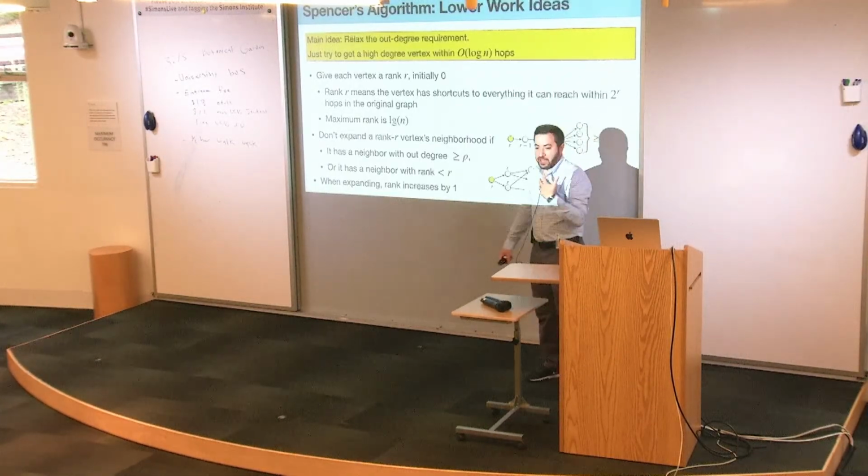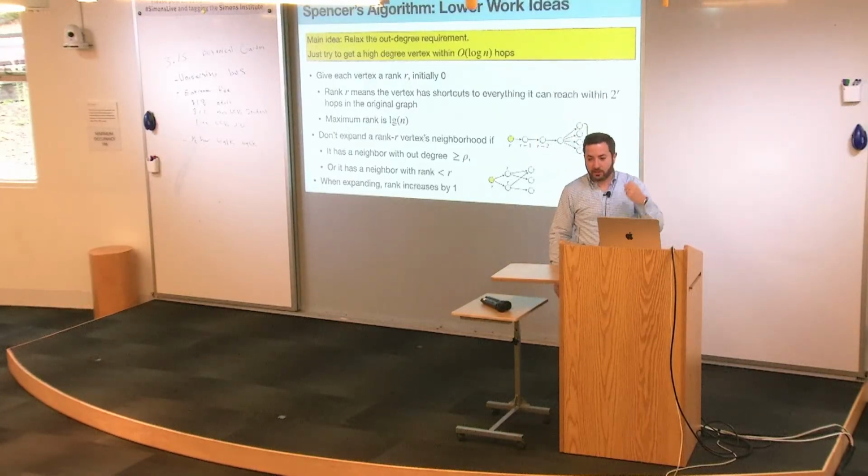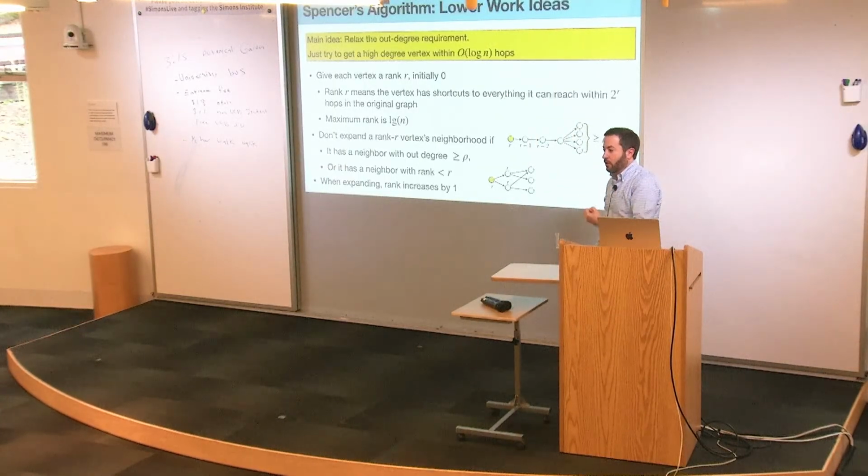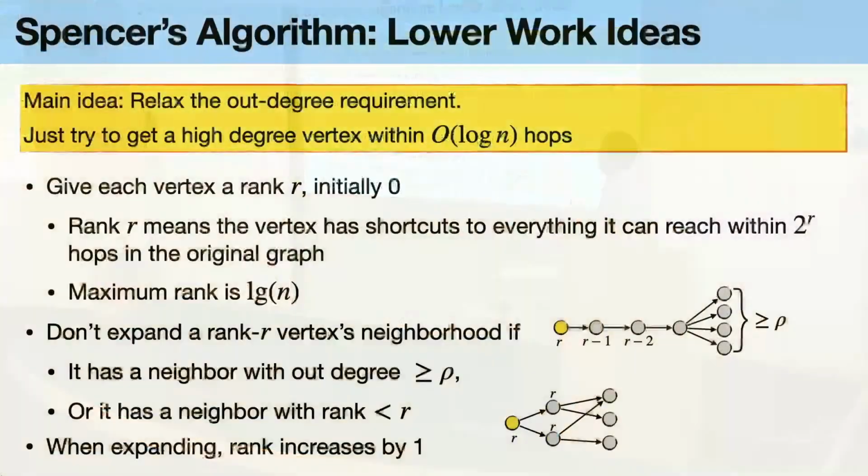Essentially, we're going to relax the out degree requirement. Rather than saying everybody has to have out degree at least rho, we want every vertex to have a high degree vertex within a short distance. You get almost the same effect. You're going to increase the number of rounds a little bit, but that's our goal. The way to do that is as follows. We give each vertex a rank.